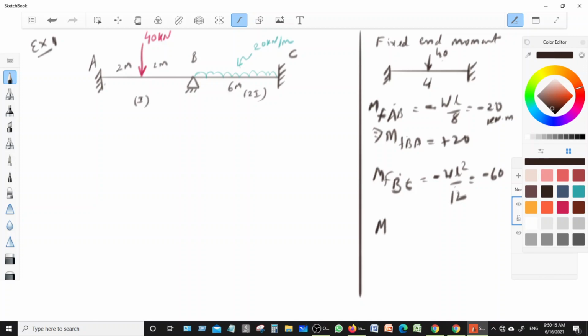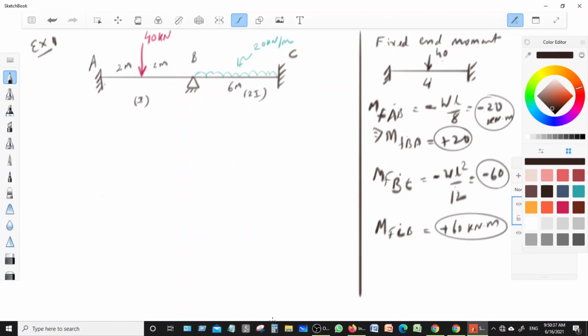In the same way, the fixed end moment at C for the BC span is equal to plus 60 kilonewton meter.